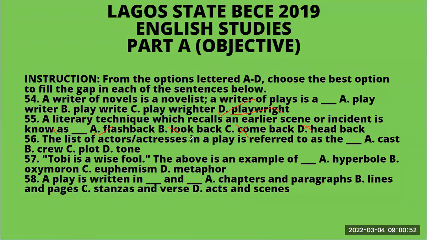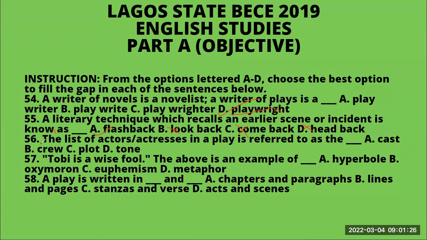No. The answer is flashback. Flashback is a narrative technique, which can be used to recollect past events while you are narrating. When you are telling a story, or even if it is maybe a play, you can use flashback to recollect the previous scene, what happened in the past. So it's a narrative technique.